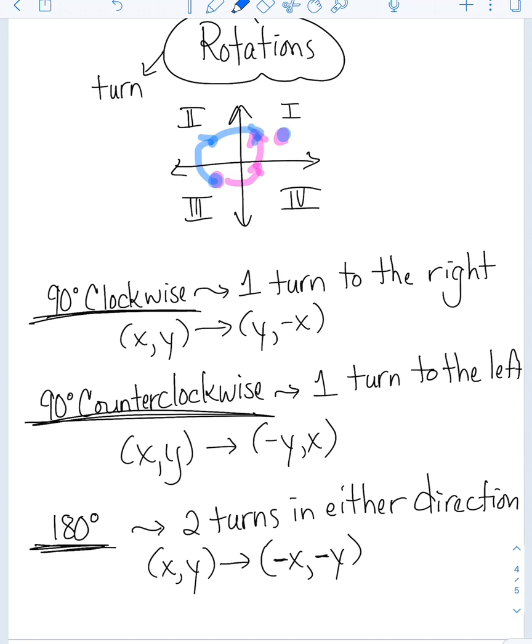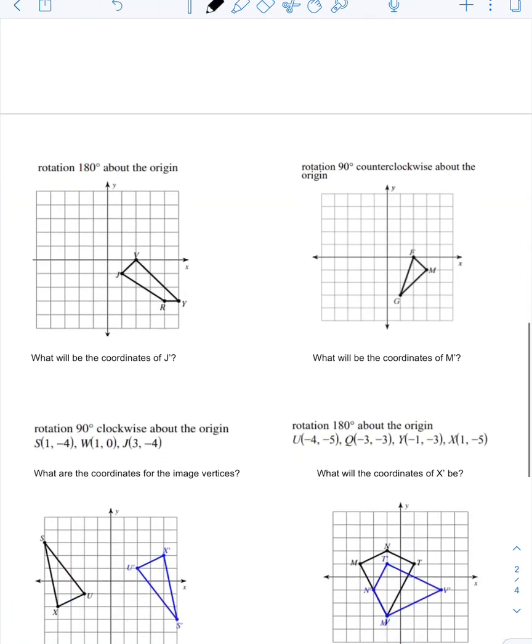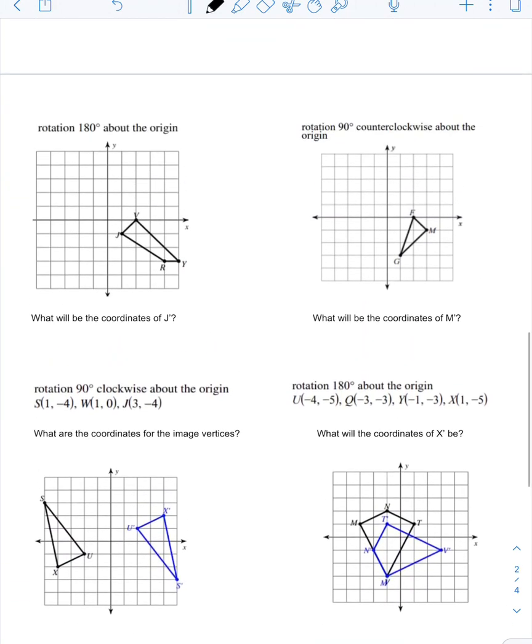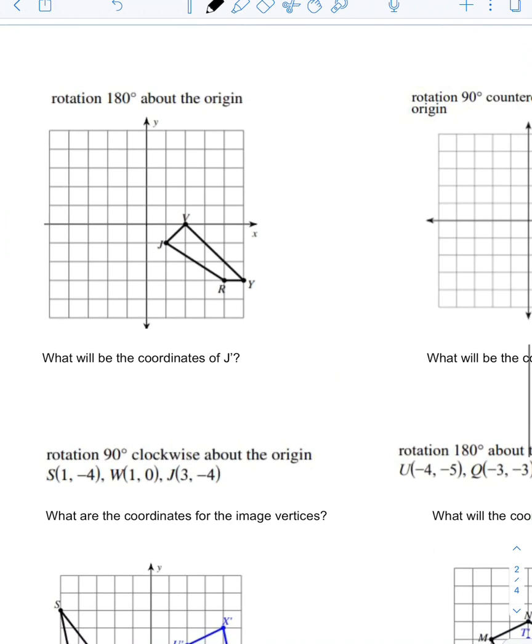We end up in quadrant 1. So a 180 degree turn is nothing more than 2 turns. So use your rules. We're going to depend on these rules heavily in this lesson. In your assignment today, these are the types of problems you'll encounter. So let's take a look at the first one.